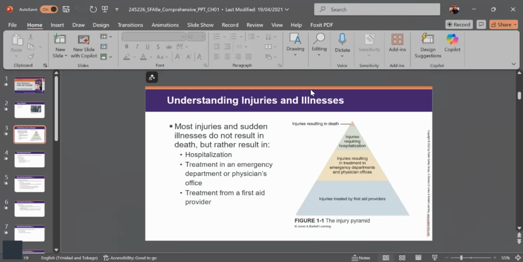Not everyone dies. Not every situation is life-threatening. Some situations might very simply require treatment from the first aider, and that's it. But if you're at work, let's use our colleague who is the safety warden. If you're at work and you're called upon to render aid and you provide care for the patient and the person does not require hospitalization, are you required to document it?